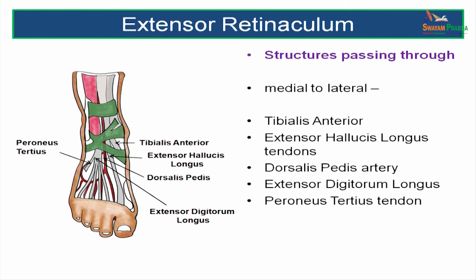The structures passing deep to the extensor retinaculum from medial to lateral are the tibialis anterior tendon, the extensor hallucis longus tendon, the dorsalis pedis artery, extensor digitorum longus tendons, and last is peroneus tertius. The dorsalis pedis is another peripheral pulse that can be examined between the tendons of extensor digitorum longus and extensor hallucis longus.